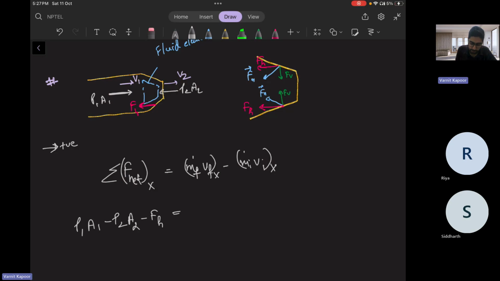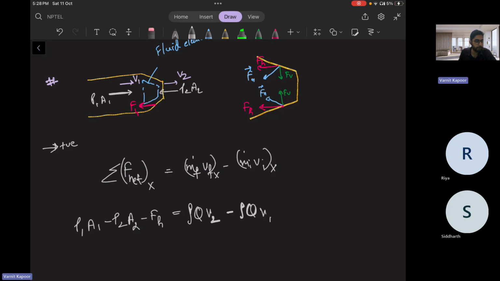What is the final velocity? The mass flow rate is rho Q, rho AV, and the final velocity is V2. VFX is V2, minus rho Q times the initial velocity, V1.